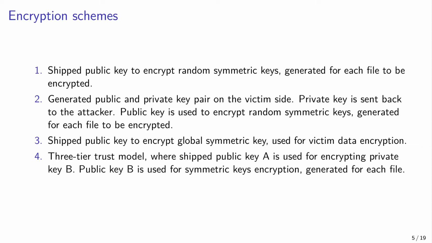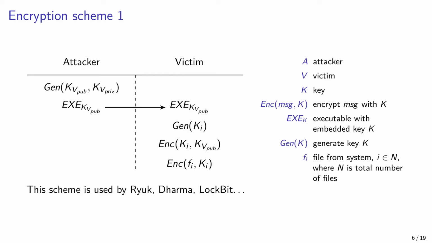During our research, we found out that the most recent samples use the first and second scheme. Here you can see the encryption scheme that was used by a lot of samples, such as Ryuk or LockBit. The attacker generates a specific public and private key pair for a victim and embeds the public key directly into the malicious executable.